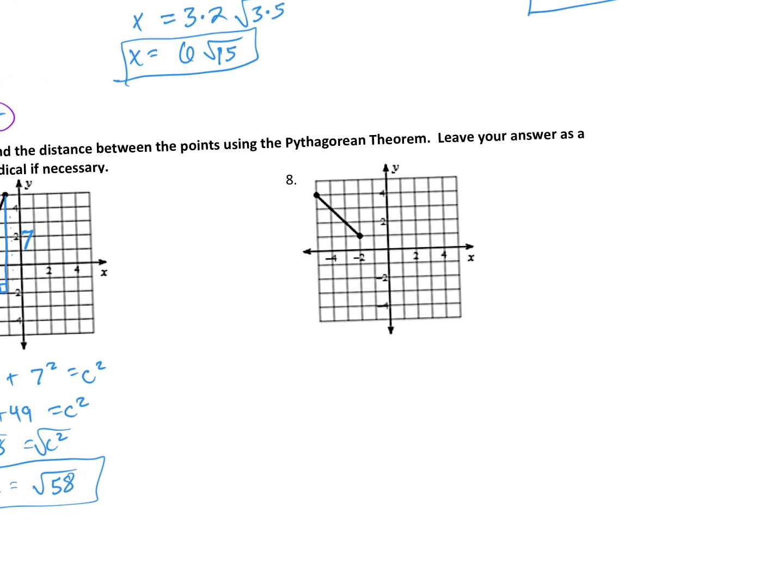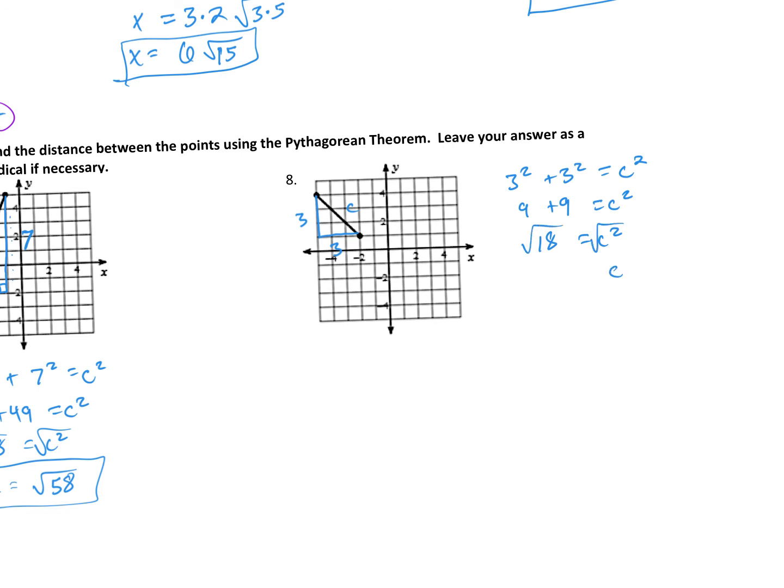Last one, if this is a 3 and a 3, and I want to find C. So then 3 squared plus 3 squared equals C squared. 9 plus 9 equals C squared. That is 18 equals C squared.